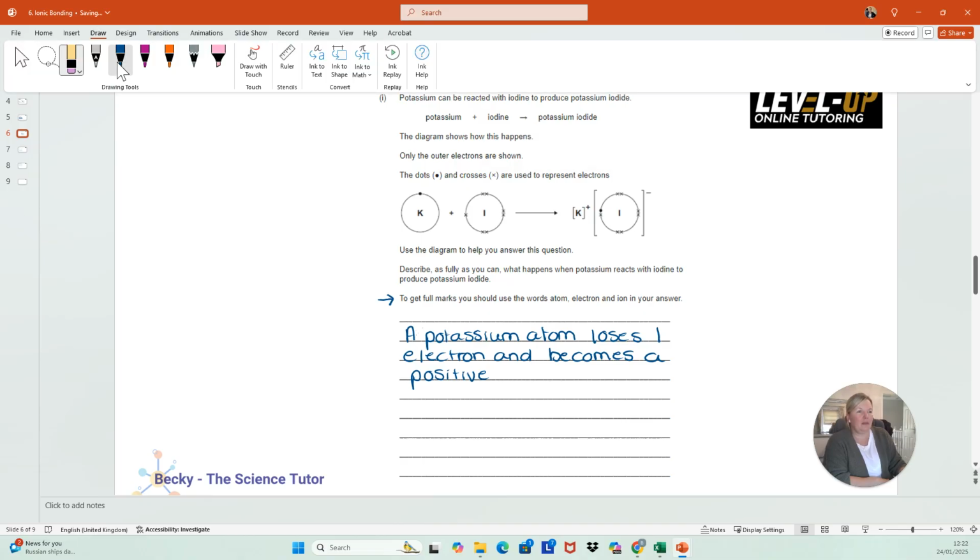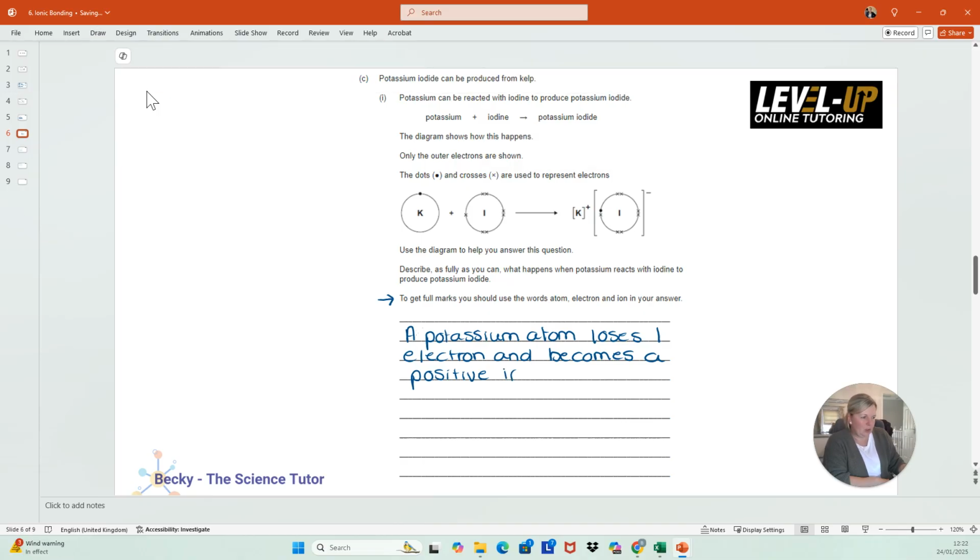That wouldn't impact my answer. I wouldn't lose any marks for that, but I would run the risk of not saying the word ion. Okay, so already I've said atom, electron and ion in that.